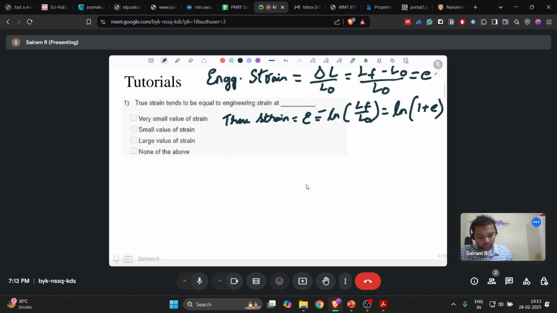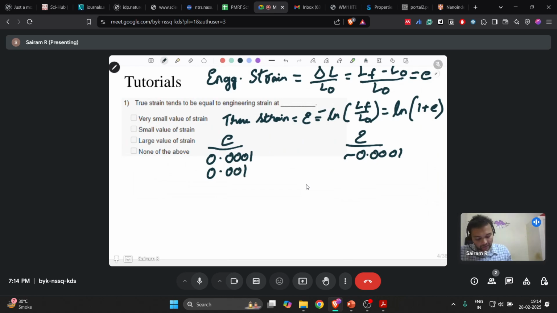So the question coming back is: true strain tends to be equal to engineering strain at what values of strain? In the first week, the professor did a simple exercise comparing the values of small e and epsilon, the engineering strain and the true strain. If the value of e is very, very small, let's say 0.0001, then the value of epsilon is also approximately the same, 0.0001.